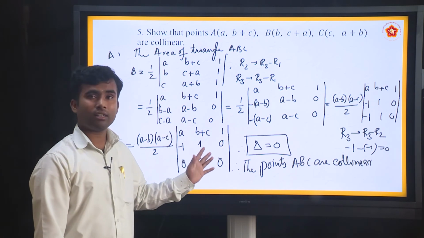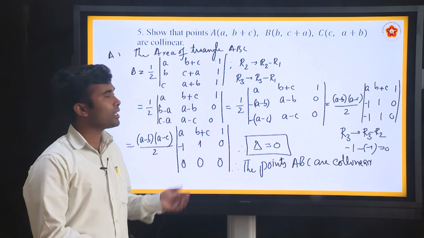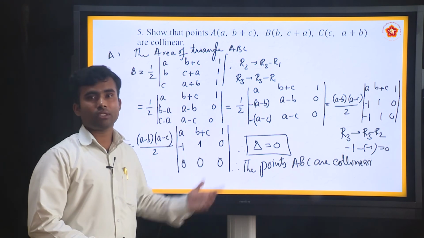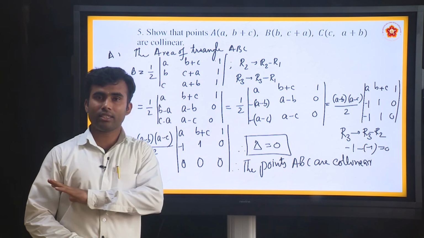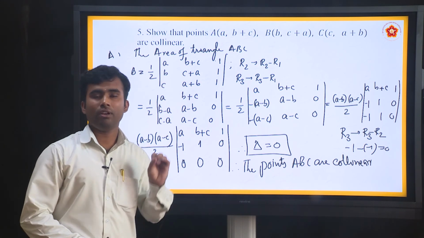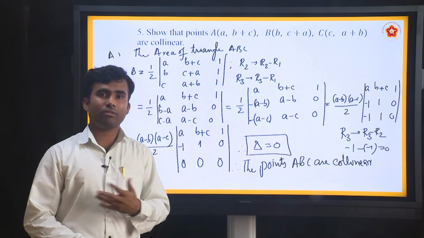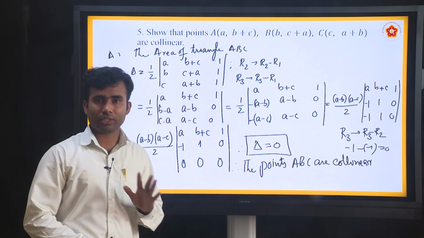Every year the question is repeated. From exercise 4.3 you are going to get one problem. Kindly practice. The exercise is very simple. Either they are going to give finding the area of a triangle or finding the equation of a line joining points. Regarding this only they are going to ask the questions.